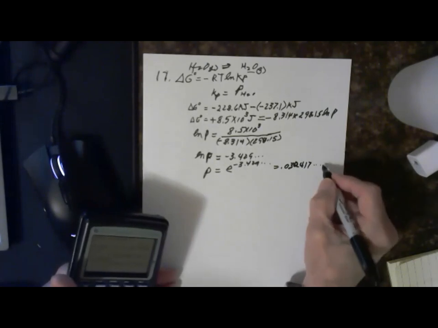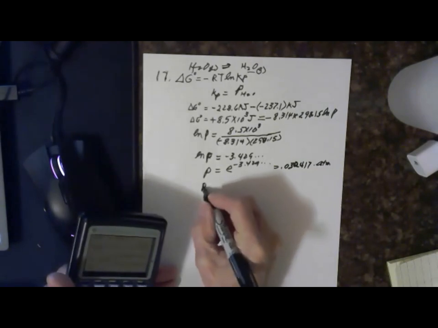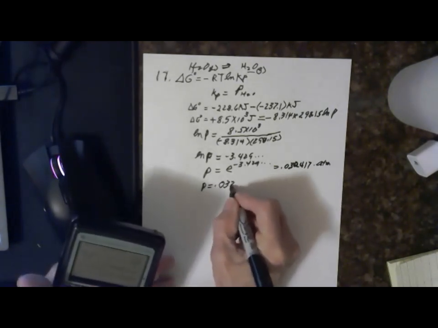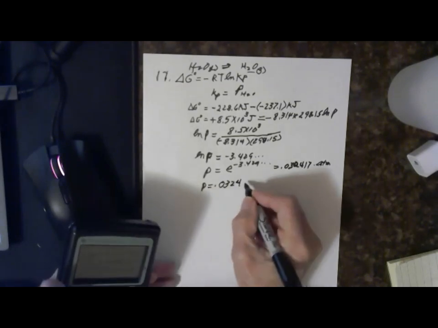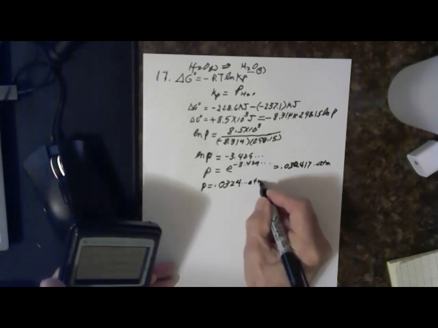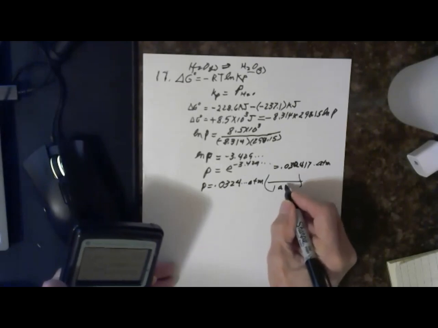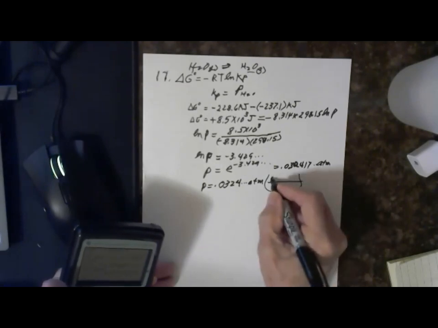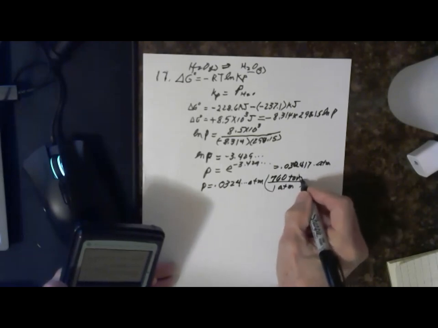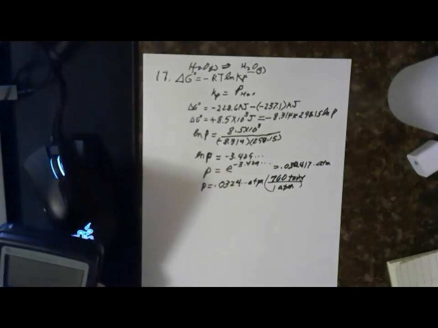So now this is in atmospheres. So the pressure, if I convert that, 0.0324 and the other digits, and this is atmospheres. And in one atmosphere, there's 760 torr. So I need to multiply that times 760.